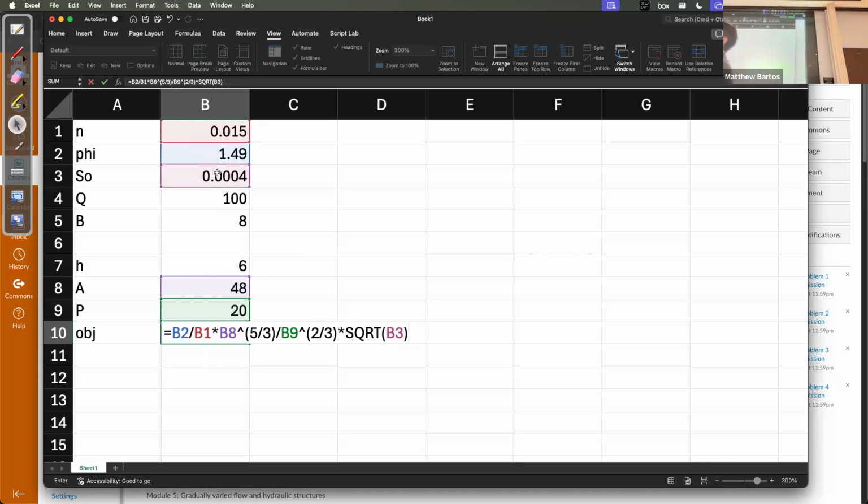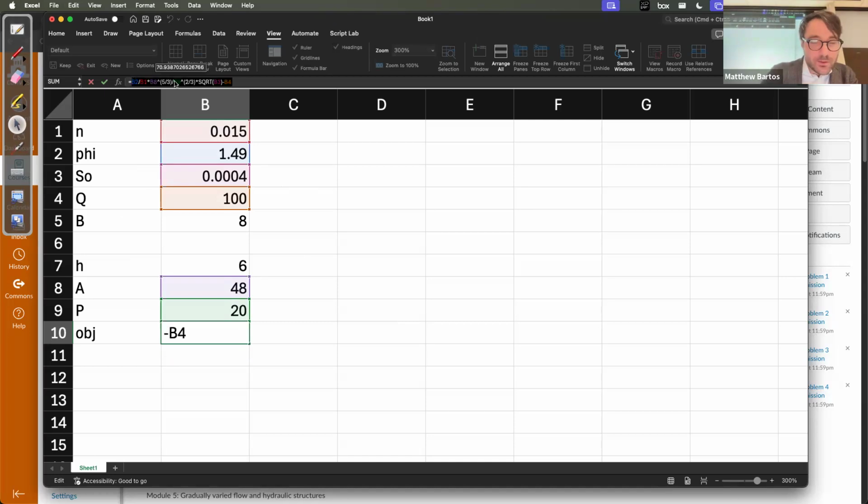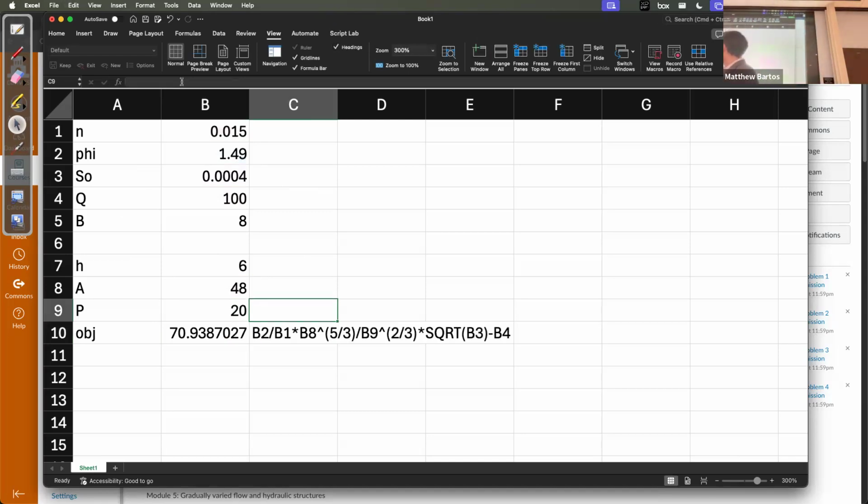Is our objective function finished? No. So what else do I need to put in here? Okay, we're going to subtract the known value of Q and we're going to try to minimize that difference. So I'll go ahead and paste this to the side, but I'm just taking Manning's equation, computing the discharge, and then subtracting the known discharge.